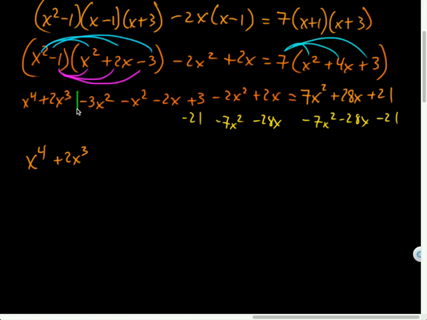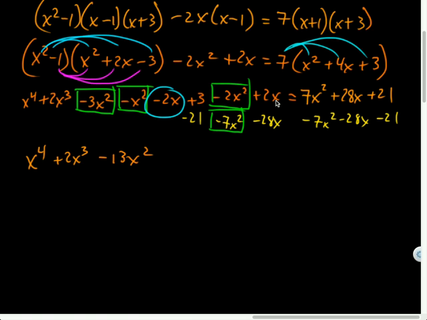Now I've got some x squareds. I've got -3, -1, -2, and -7. So let's see, that's -13 of them, maybe? And then I've got some other ones. Let's see, I've got -2x, positive 2x, and -28x.